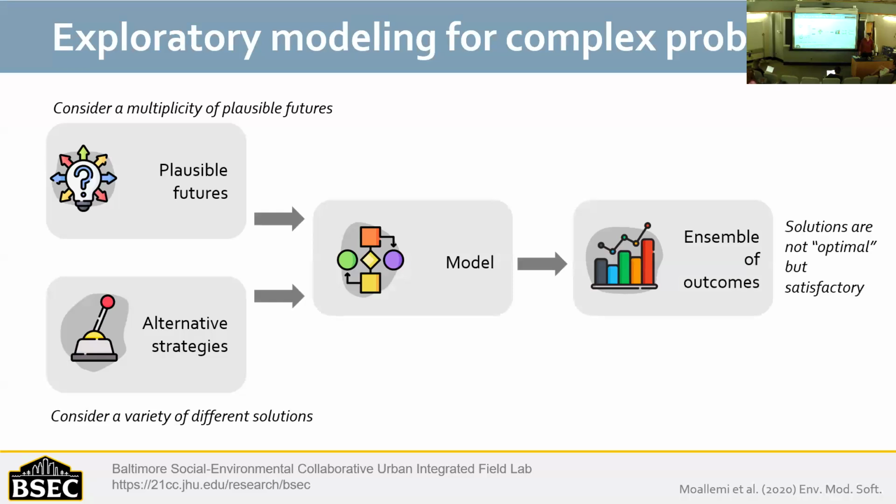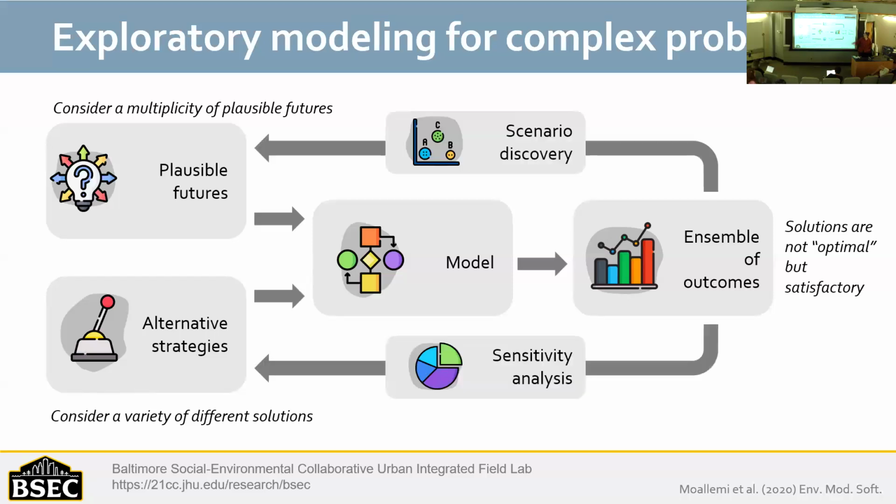And through these outcomes, we try to identify solutions that, I highlight, are not optimal, but they're satisfactory. And the reason we don't want optimal and we don't care for optimal is because we recognize this is highly uncertain and this is highly uncertain. So optimality is just an illusion. So we want something that's good enough.